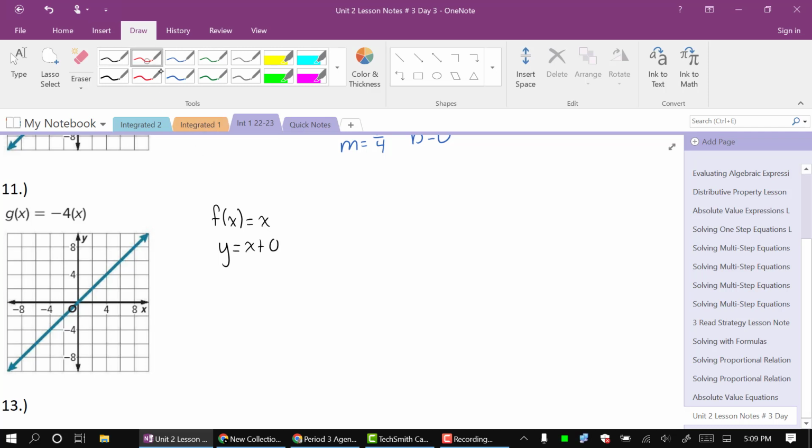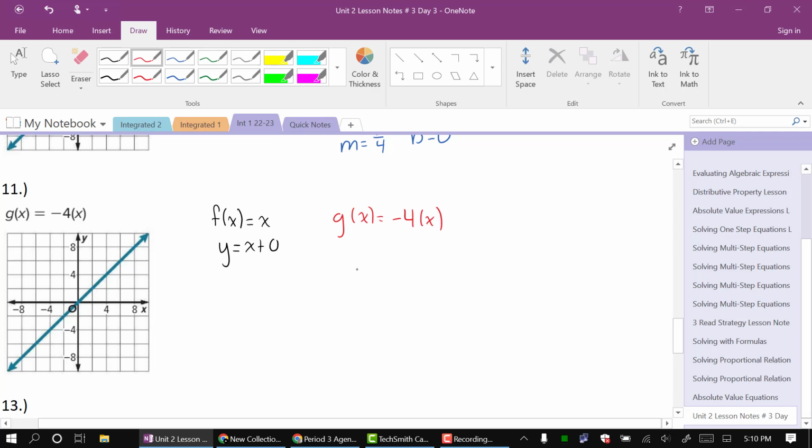But now we can start looking at our new function, and we want to compare that to our parent function. So I have a negative number outside. If I have a negative number outside, that is going to be dealing with reflection. So this is going to be a reflection, and we want to figure out, is this going to be a reflection across our x or across our y?